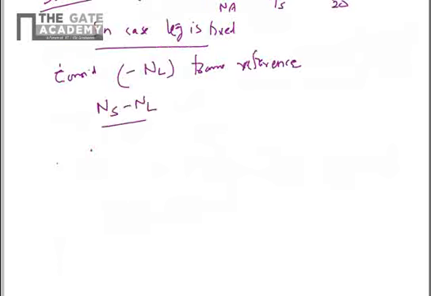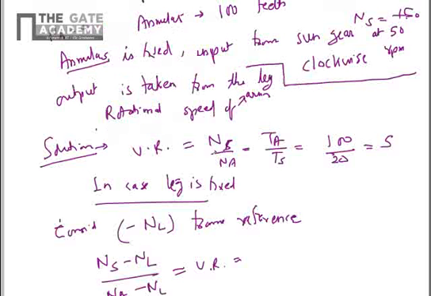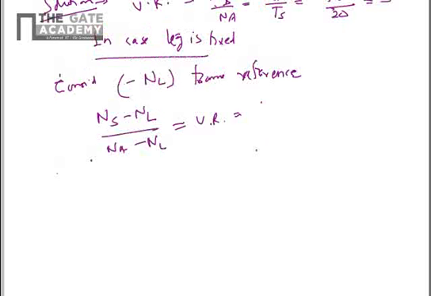So (NS minus NL) by (NA minus NL) will be equal to the velocity ratio, and the velocity ratio will remain the same, it will be 5. NS for the sun, we know, is 50 rpm clockwise, so plus 50. NL we want to determine. Annulus is 0. So (50 minus NL) by (0 minus NL) is equal to 5.